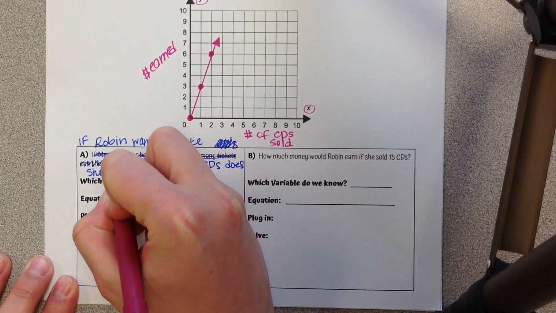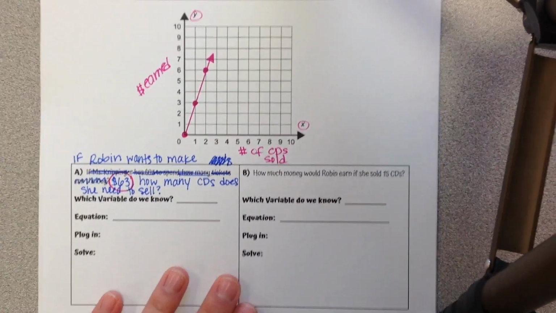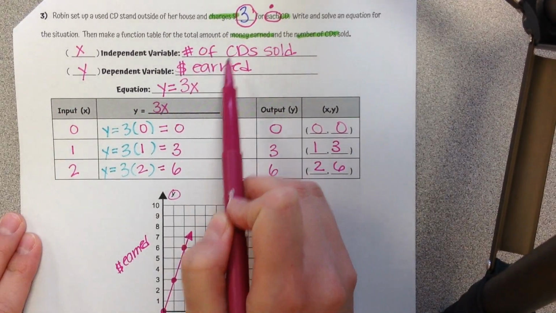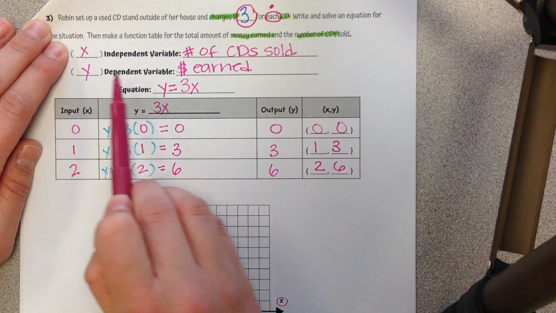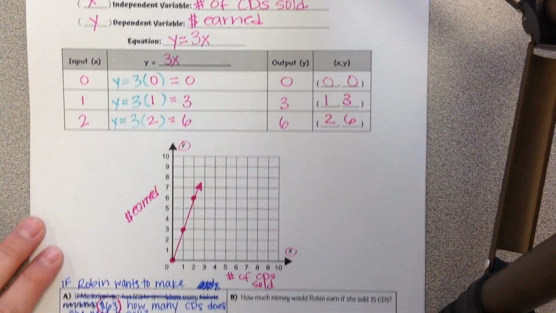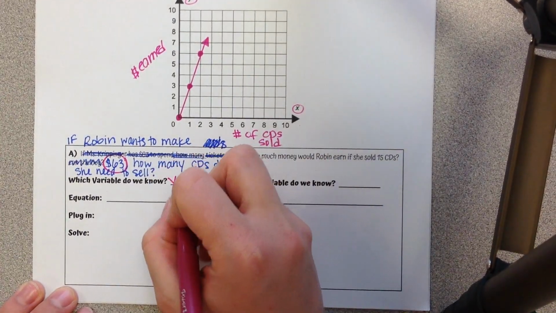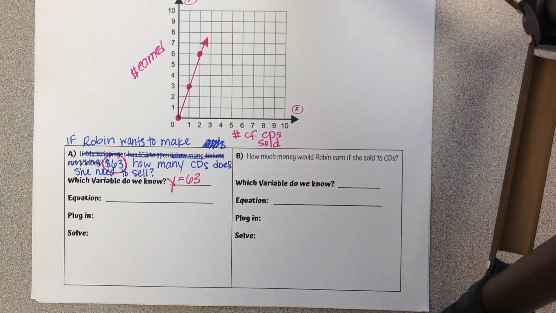I'm going to circle the number. Okay, I have $63. I am going to look back up to what I already filled out. So which one of these is talking about dollars, X or Y? I can see that Y is talking about the number of dollars. So the variable that I know is the Y. Okay, Y equals 63.